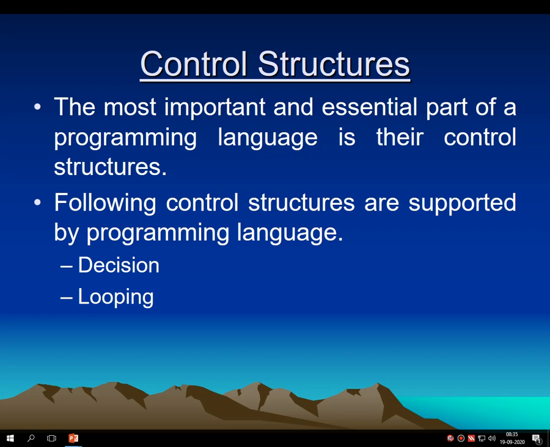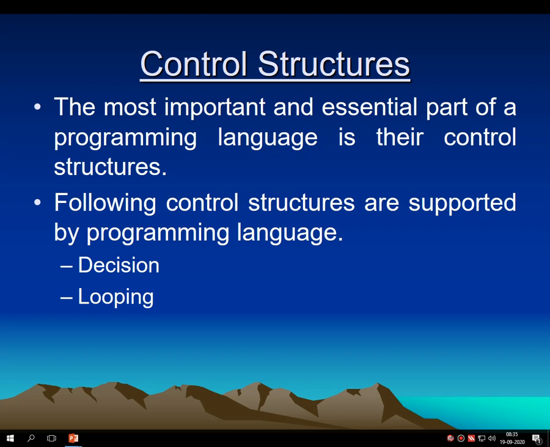In our previous lecture, we started with the control structure and discussed its definition with the types of control structure, which are in two different formats. One is decision making and the second is looping.